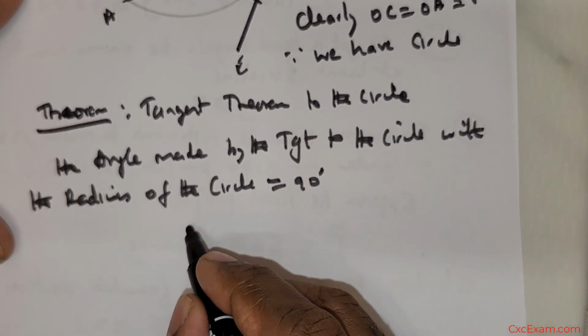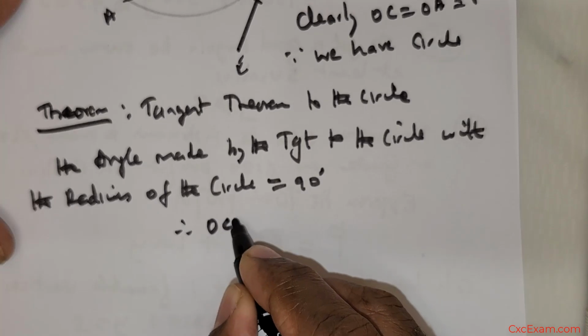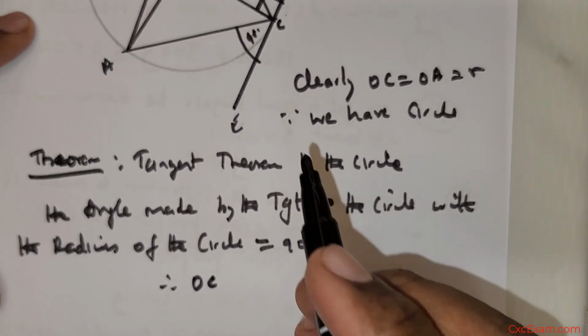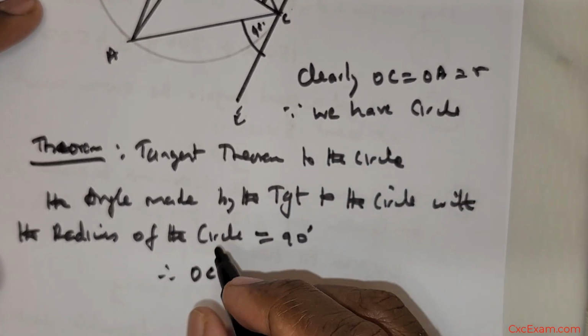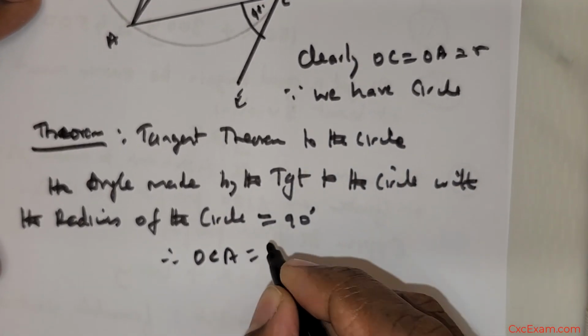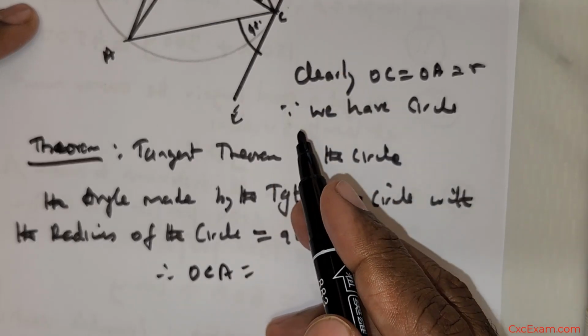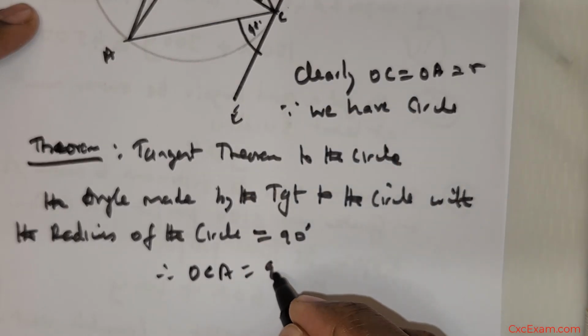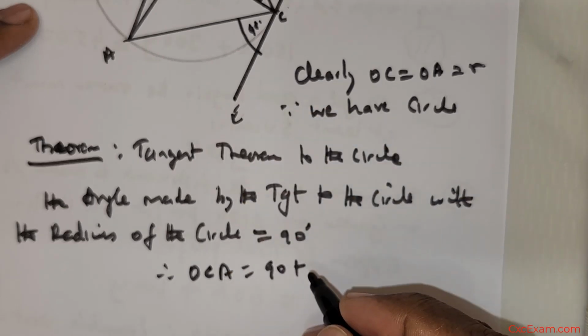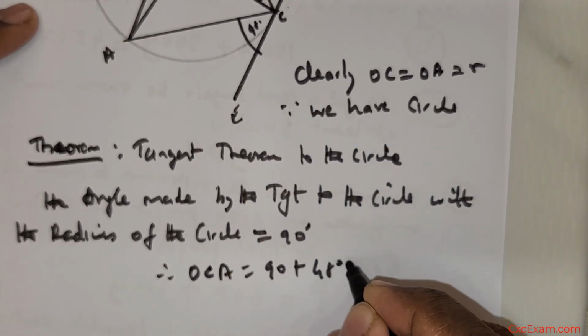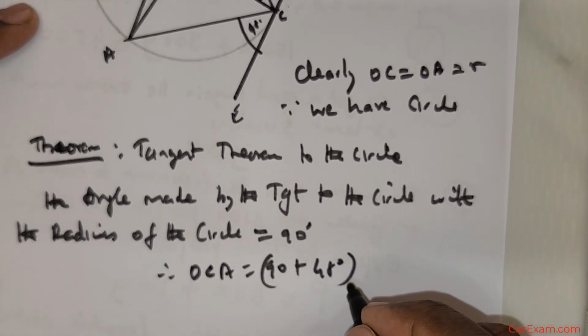So OC, I'm looking for OCA. So OCA is going to be 90 degrees plus 48 degrees. Okay, that is one angle.